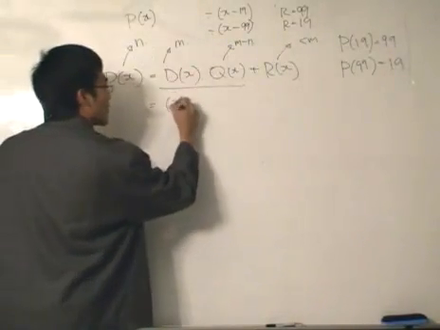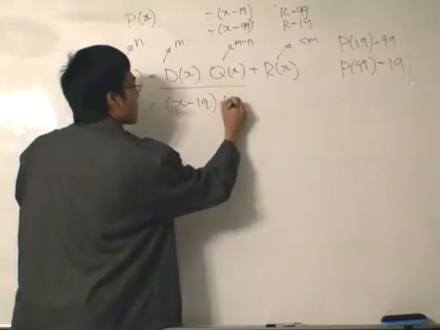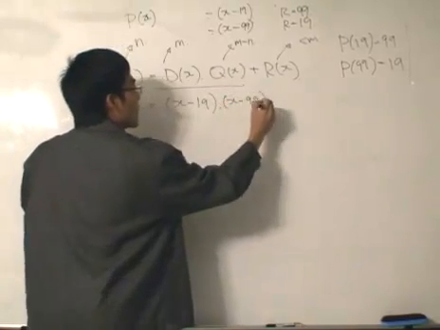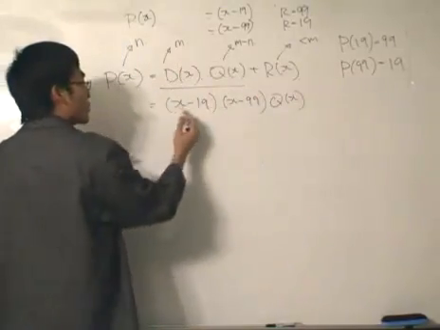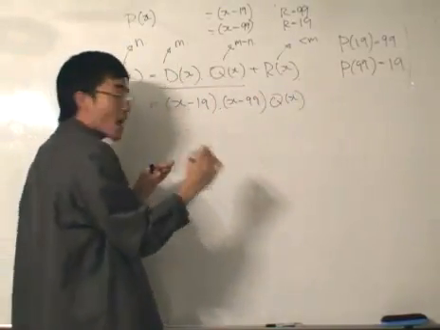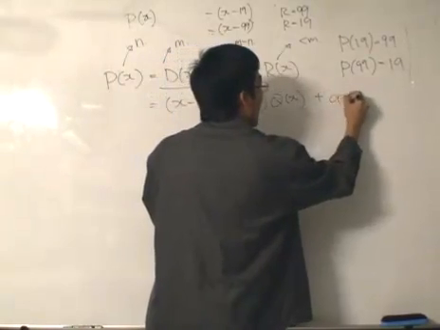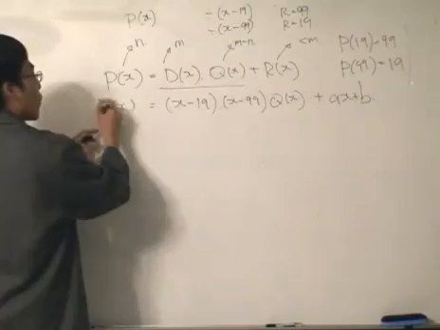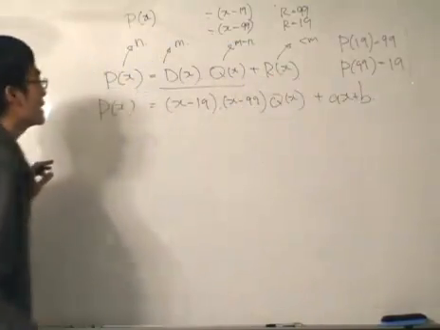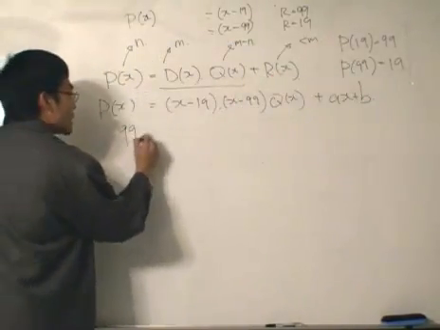D(x): (x minus 19) multiplied by (x minus 99), Q(x) over here, plus R(x), which is of degree less than m, equal to 2 because of the x squared. Be careful for that. So it's plus ax plus b. This is equal to P(x) over here. Now, what do I have? I got P(19), which is equal to 99. But what do I also have?